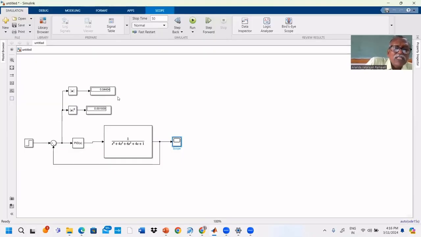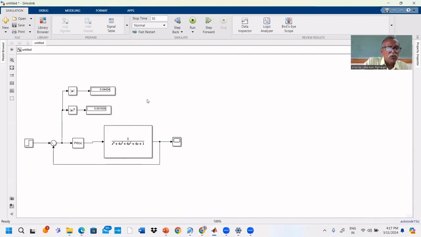But IAE is more, which means it considers all errors equally. Even small errors it doesn't permit. It takes them into account. That's why we got a large value of IAE, but a smaller value of ISE, which means smaller errors persist for a long time. That is the meaning.